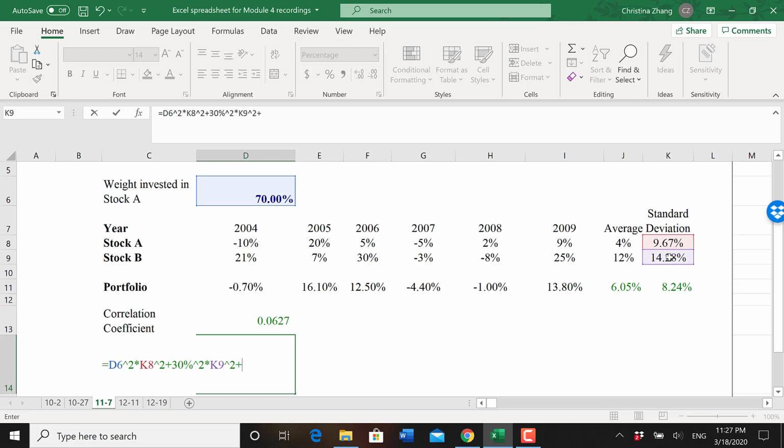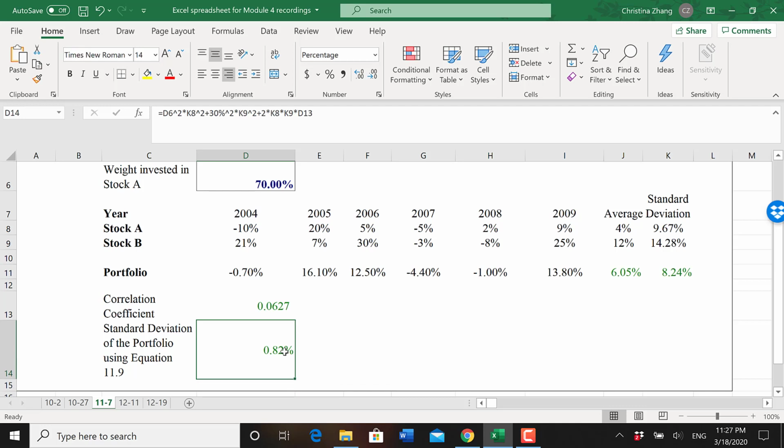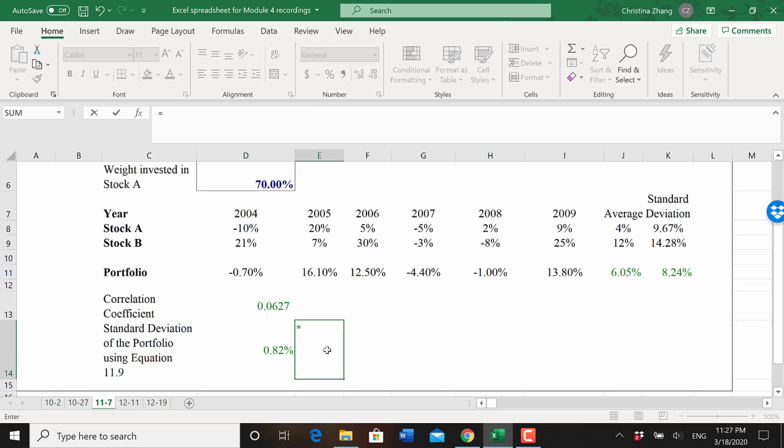And then I also have the 2 times standard deviation of A times standard deviation of B, times my correlation coefficient. Okay, notice this is going to be the variance, and to get the standard deviation, I would just take the square root of that.